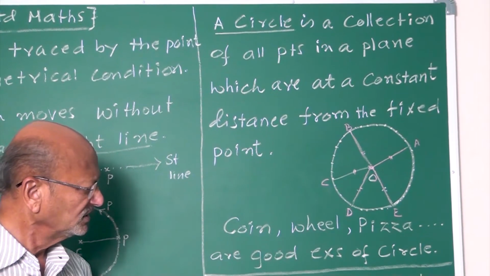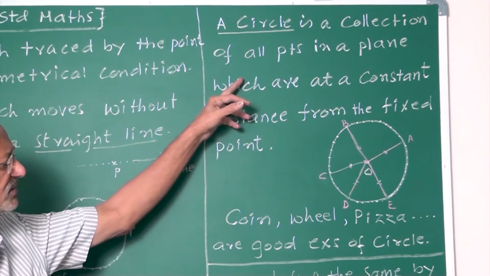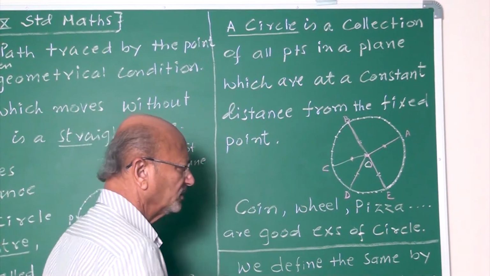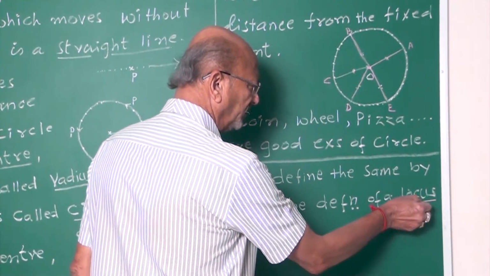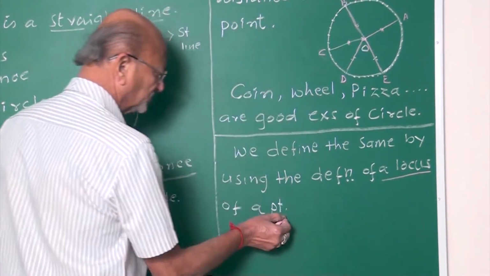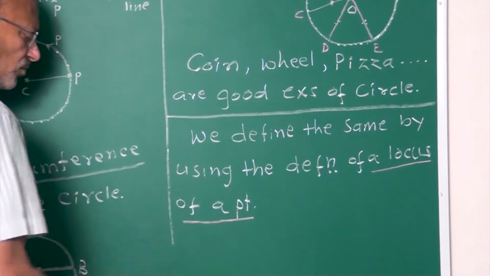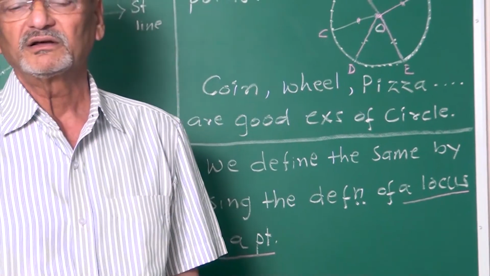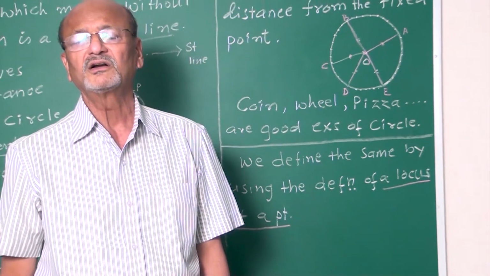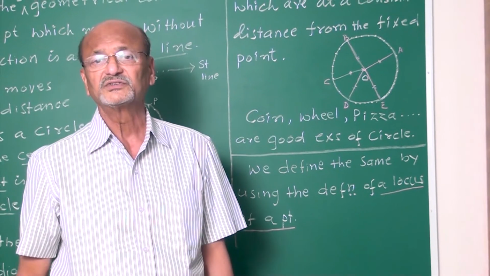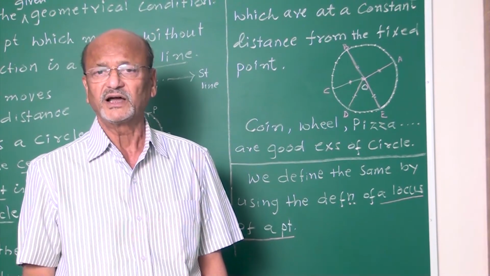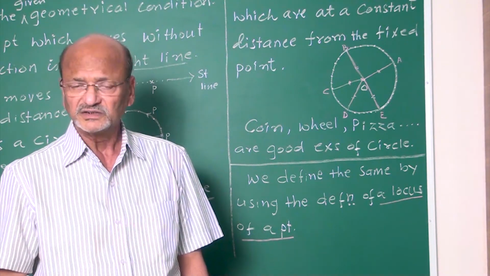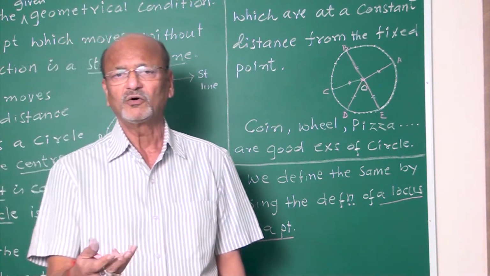Instead of this, I want to give the same definition of a circle by using the definition of locus of a point. This is a very, very important definition, especially in coordinate geometry, where in defining other curves like the circle and straight line, and in higher classes where you will study the conics, of which the circle is also one.